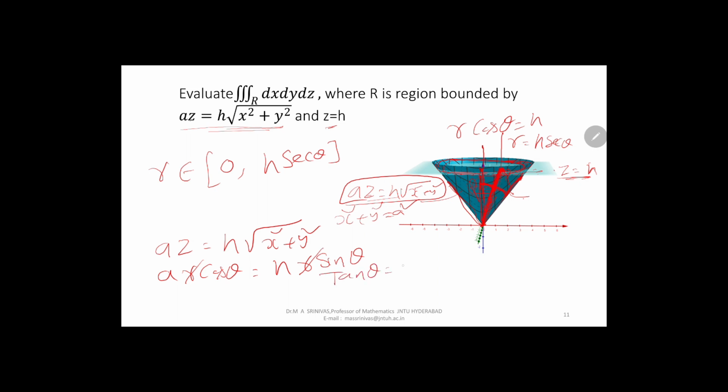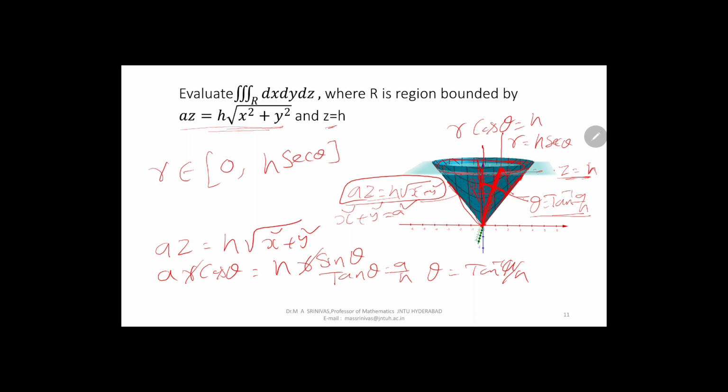Tan theta is a by h, or theta is tan inverse a by h. So what are the limits for theta? Theta may be from 0 to this line. This is the equation of the cone in spherical polar coordinates, tan inverse a by h.